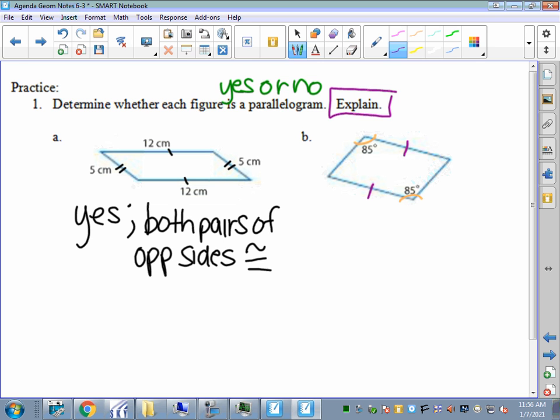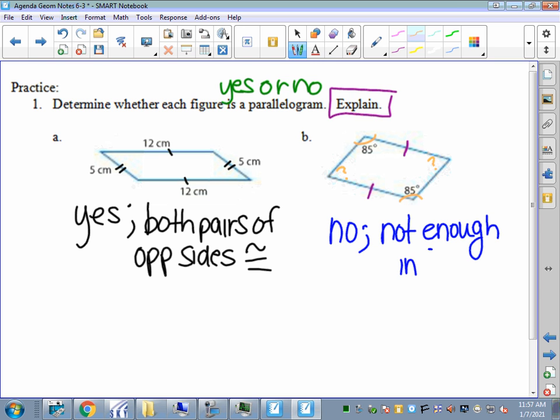Both pairs of opposite angles are congruent, but that's not the case because we don't know these two angles. They might look congruent, but if there's nothing there, do you know that they're congruent? Right? We don't know. Looks like it, but I don't know. So if I say determine if this is a parallelogram, what are you going to say? No, and I would just use the reason not enough info.